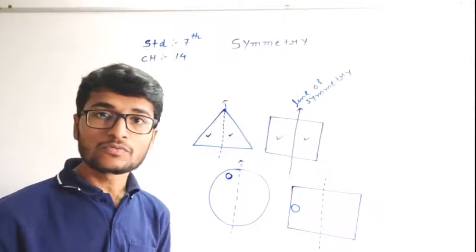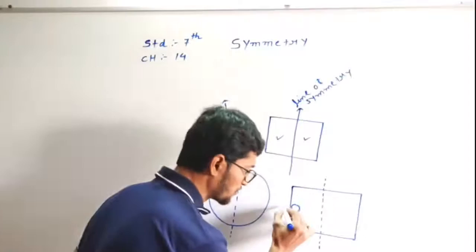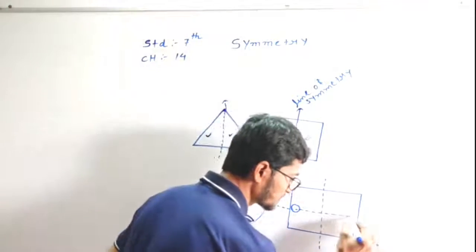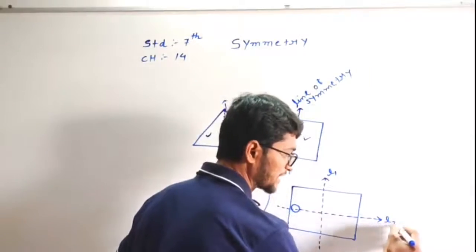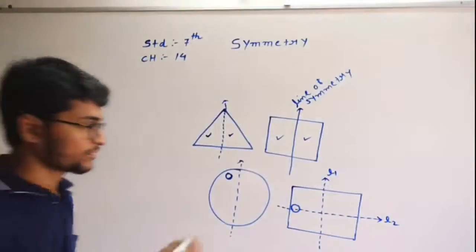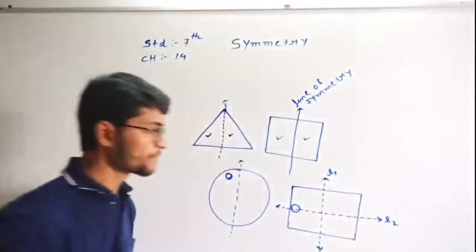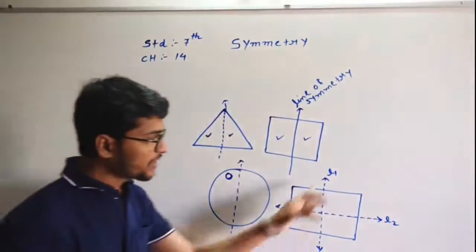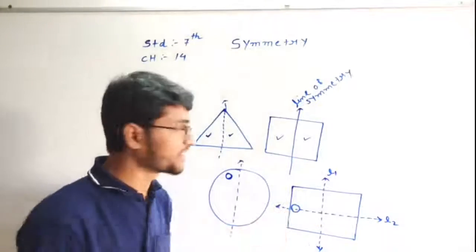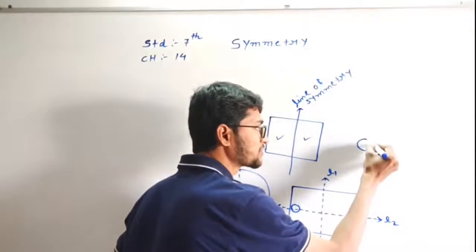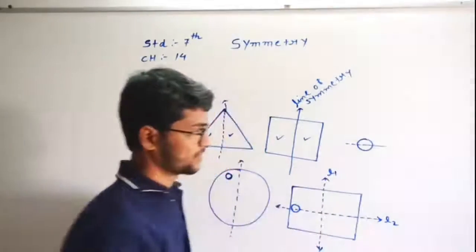So now, this time, we have to draw another line. Suppose this one is L1 and here is L2. Now, L1 is not a line of symmetry, but L2 is the line of symmetry. Why? Because we divide the circle into two parts.